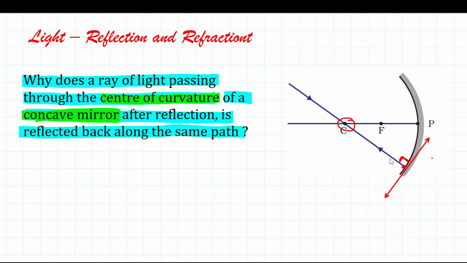And you know that whenever a ray of light passes along the normal, the normal being anything perpendicular to the surface, any polished surface, it rebounds back on the same path.